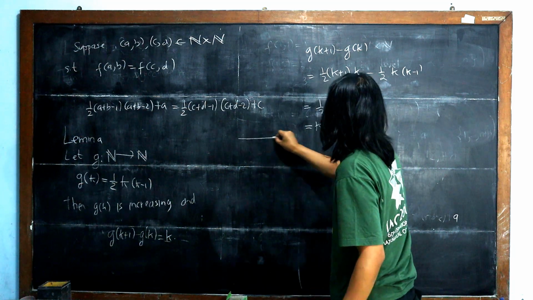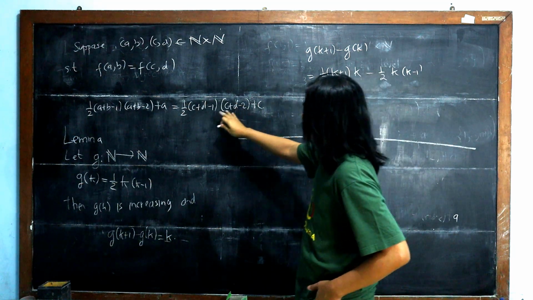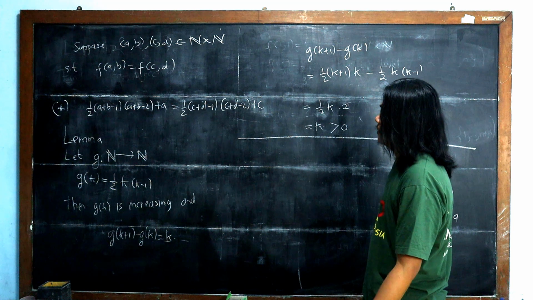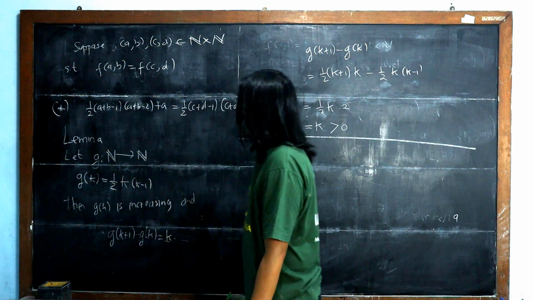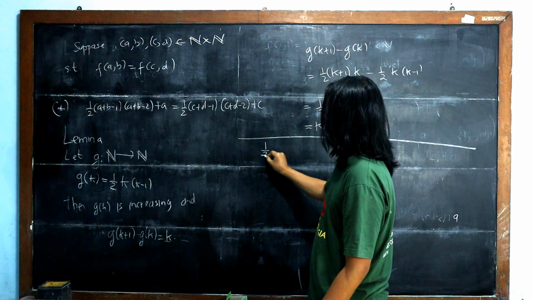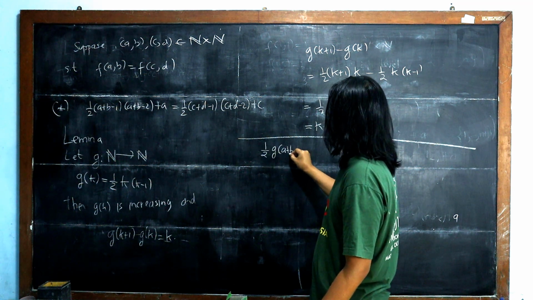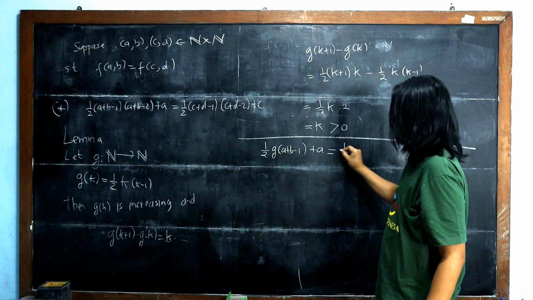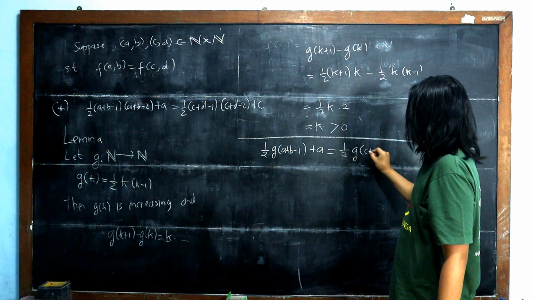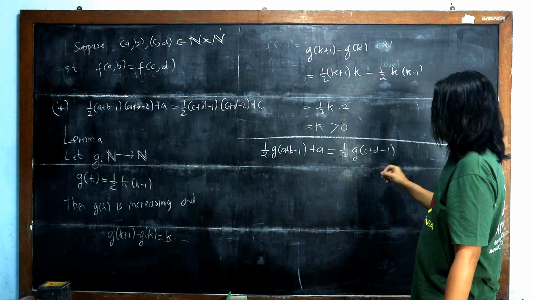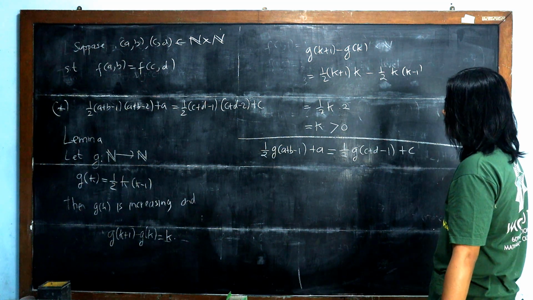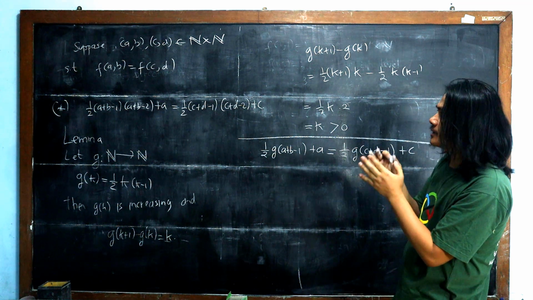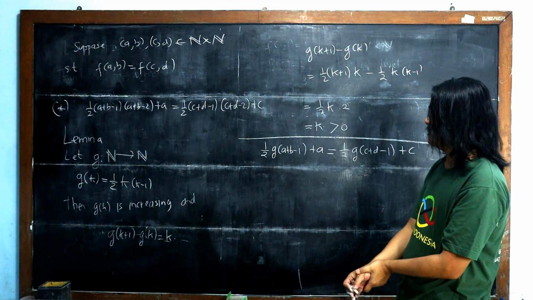And now, by using this lemma, from this equality, let's call it the star equality, we have half of g(a plus b minus 1) plus a is equal to half of g(c plus d minus 1) plus c. Okay. So first of all, we want to say that a plus b must be equal to c plus d.